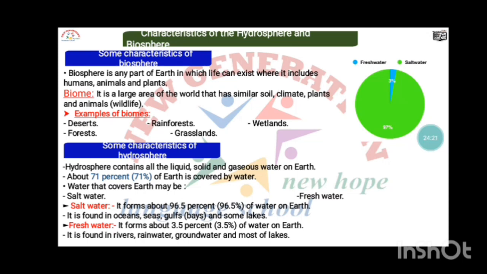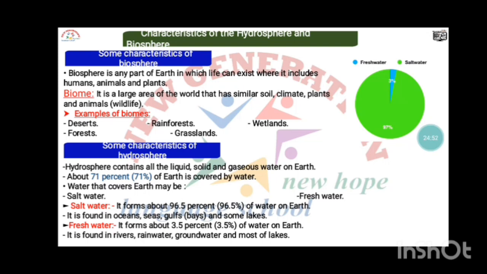Salt water forms about 96.5% of water on Earth, and it is found in oceans, seas, gulfs or bays, and some lakes.